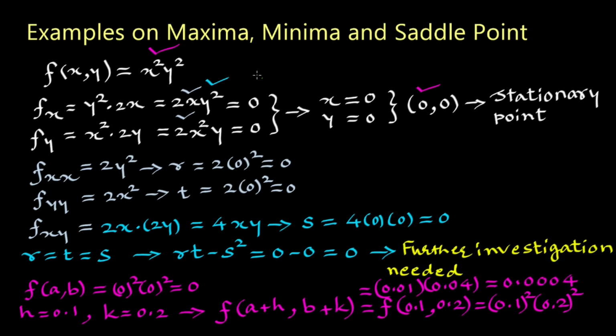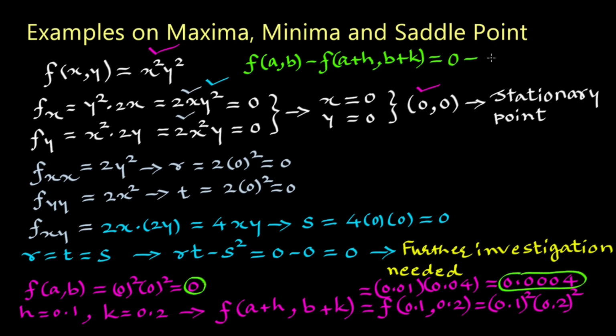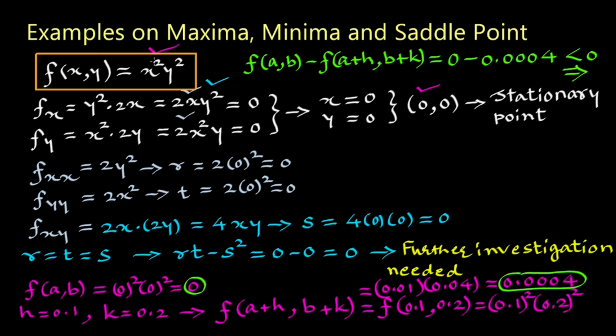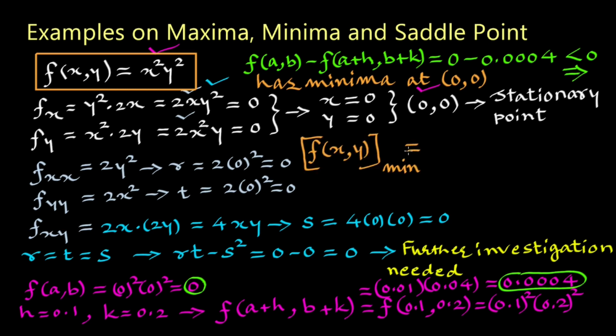Now we will find f(a,b) minus f(a plus h, b plus k), which will be this 0 minus this 0.0004, which will be negative, and that implies the given function x square y square has minima at the stationary point 0, 0, and the minimum value will be 0 square into 0 square, 0.